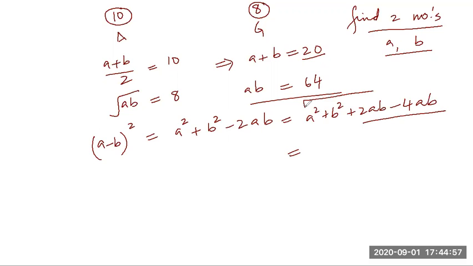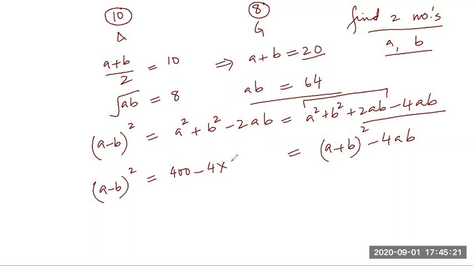Now these three terms put together make a plus b whole square minus 4ab. Am I right? So I put the values. a minus b whole square is equal to a plus b whole square minus 4ab. a plus b is 20, so 400 minus 4 into the product, which is 64.